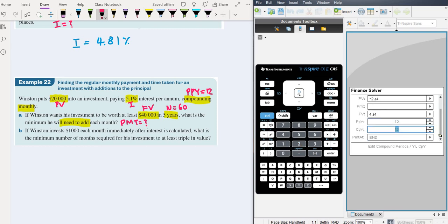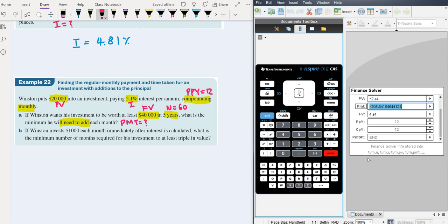Perfect. So now we go on payment, press enter. It gives us this. So we know that for question A, what we're looking for is roughly 208.34 of regular payment.